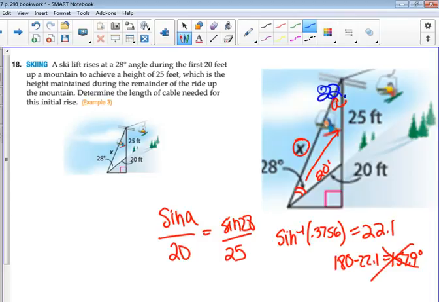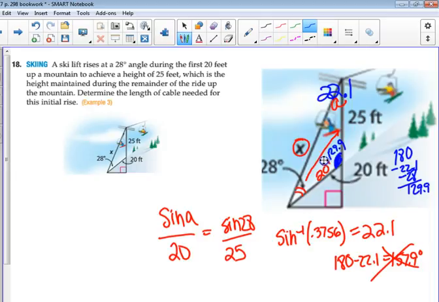So if this is a 22.1, can we find this angle down here now? 180 minus 22.1 and 28. I got 129.9. Did anybody get that for the angle down here?